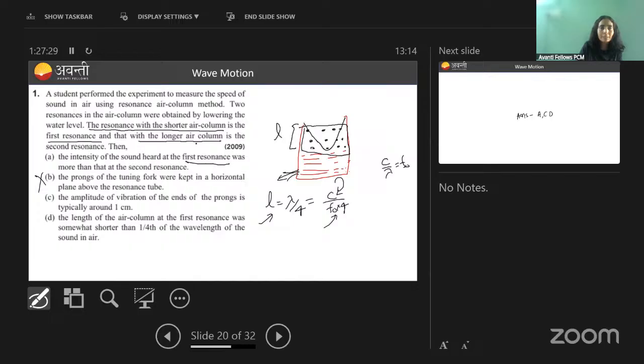So with the longer air column, we are getting second resonance. And if air column is longer, जैसे तुम यहाँ, मैं यहाँ बोल रही हूँ, somebody sitting in Delhi cannot hear me, है ना? Somebody sitting even 1 kilometer afar cannot hear me. Why?